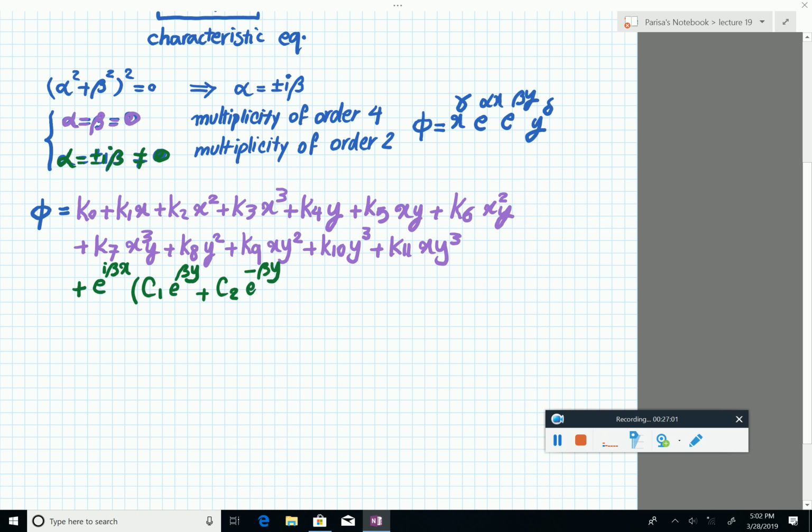So you also realize that when you change the sign, because we have alpha squared plus beta squared, if alpha is in the solution, you have the same solution with negative alpha. So beta, negative beta. That's why you see this symmetry. Plus c3 y e beta y plus c4 y e minus beta y.